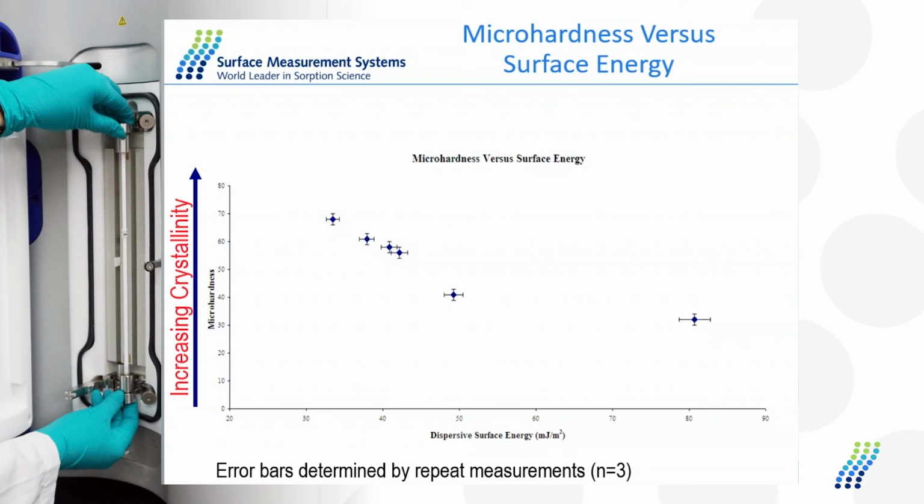In reality, what often happens is when I have a large particle and I want to make it into a small particle, by milling or grinding or blasting, I expose different surfaces and I induce disorder, so I will get different surface energy values. Also, if you think of the shape, if it's a needle-like structure and I make smaller and smaller needles, the end planes make a higher contribution to the surface energy of the material.